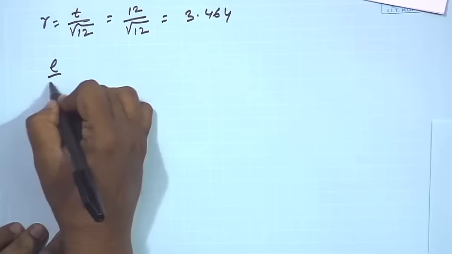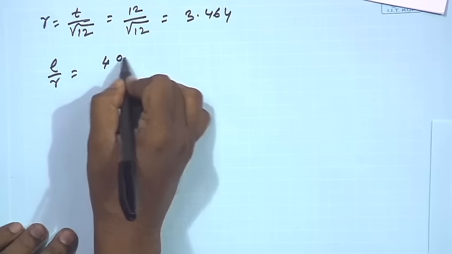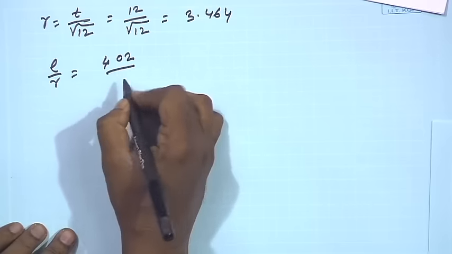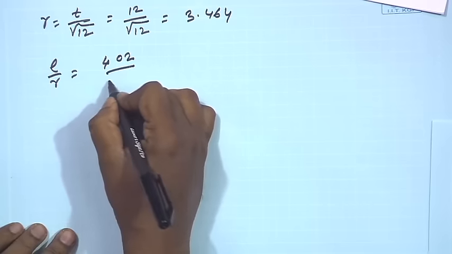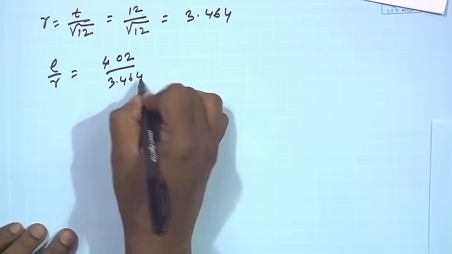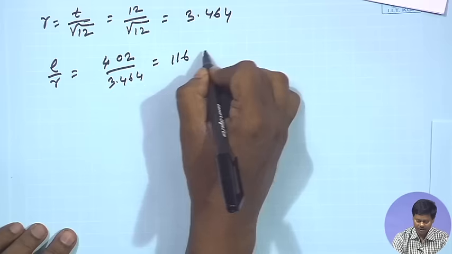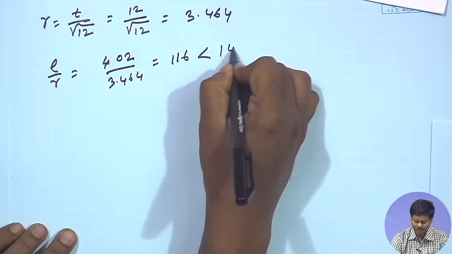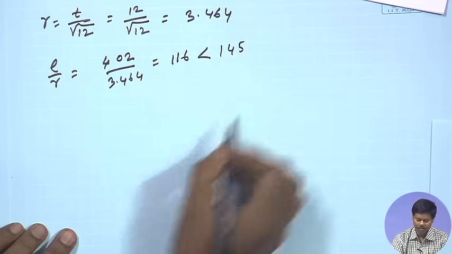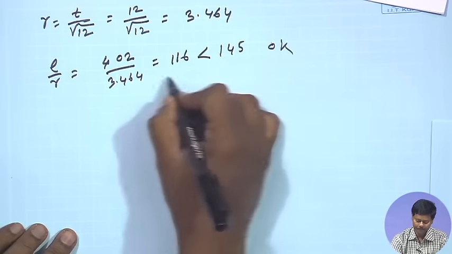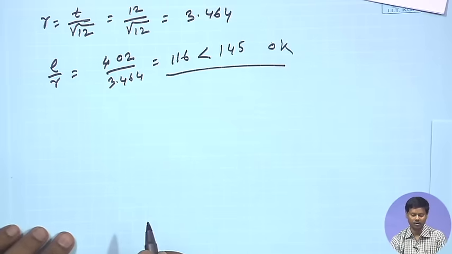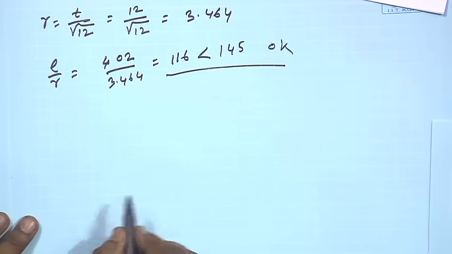So, L by R we can find out; L was calculated as 402 and R was calculated as 3.464. So, this is 116 and is less than 145. So, it is okay, right. So, from slenderness point of view, this is okay.